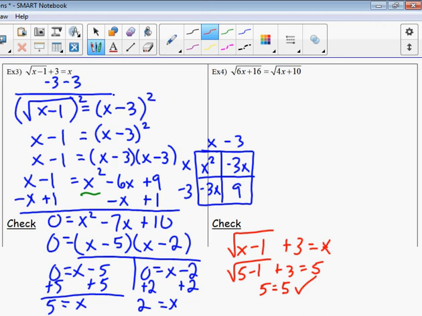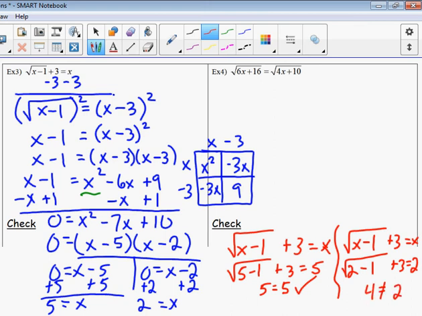I'll do the same for x equals 2. Square root of 2 minus 1 plus 3 should equal 2. And when I do this, I'm going to find out that 4 does not equal 2, so x equals 2 will not work out in this scenario. So my final answer is just going to be x equals 5.